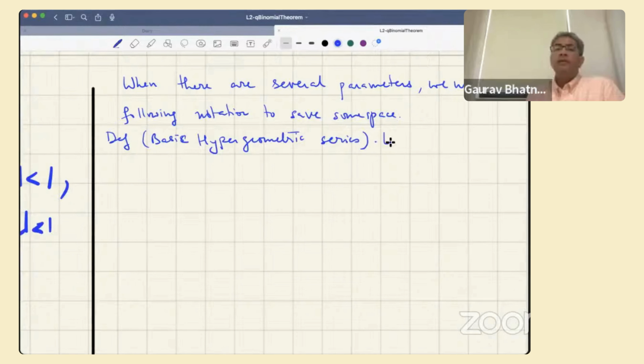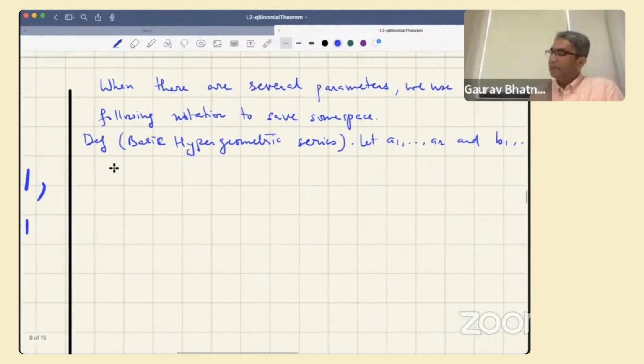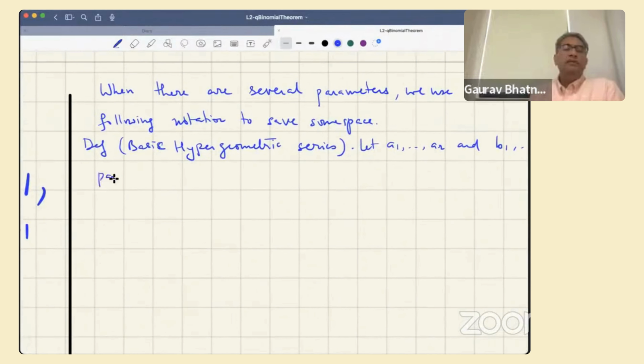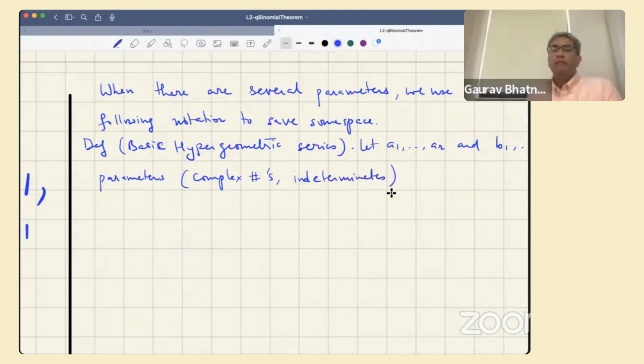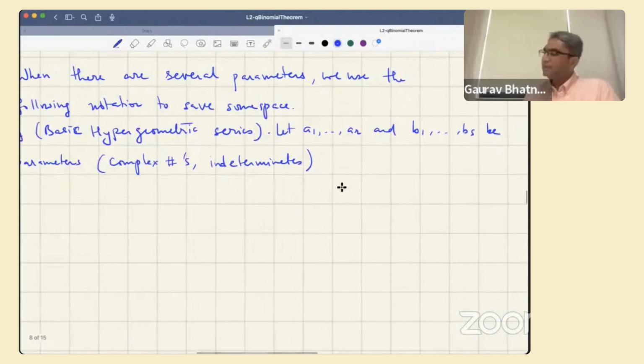So let a_1 to a_r and b_1 to b_s be parameters, some parameters, which could mean anything. So could be complex numbers or indeterminates too, if you wish, but typically complex numbers.